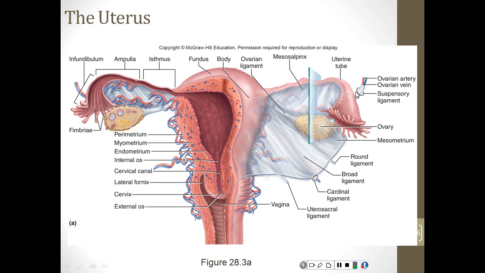Now when it travels through here, it starts to branch off, and the branches start to penetrate the myometrium. Here are the branches off into the myometrium. Then it leads to the arcuate arteries.